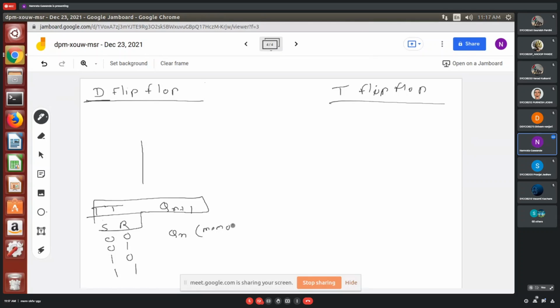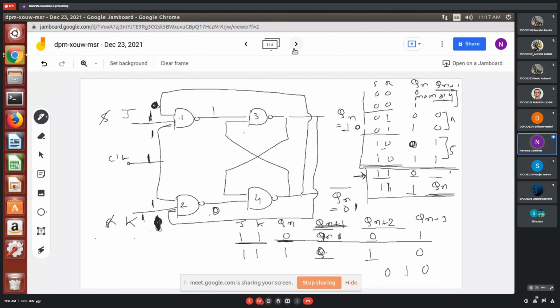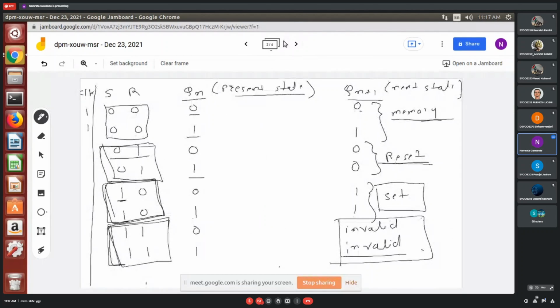See, in the previous part what we have seen is the memory state. Memory state means whatever the present input is, I am getting the same output for the next state. Whatever the past output is, the next state output will be the same. That is known as a memory state.